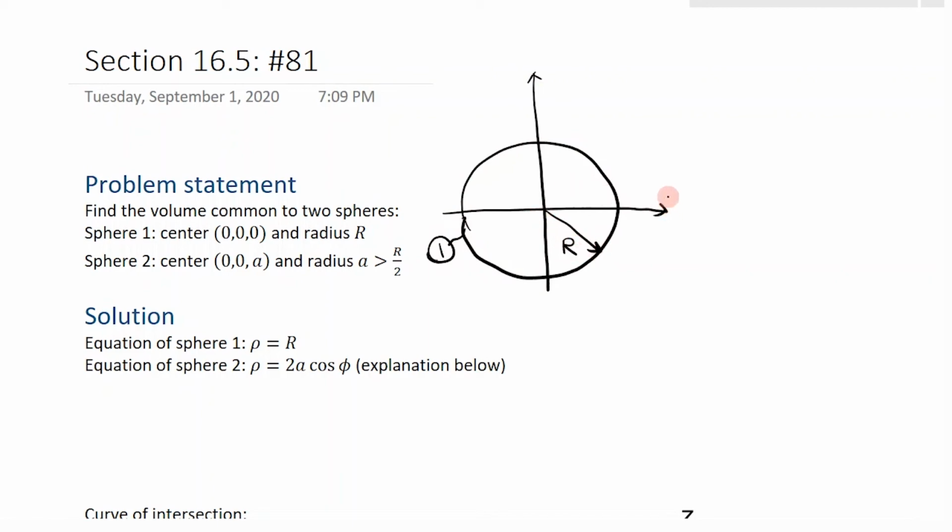The second sphere is shifted up by a, so it will go from z equals a minus the radius of the sphere to a plus the radius of the sphere. And we know that this upper z is going to be greater than r because of this. If you multiply both sides by 2, you get that 2a is greater than r.